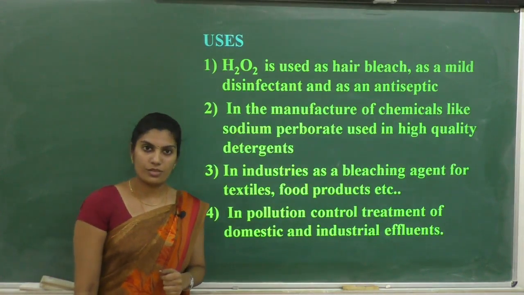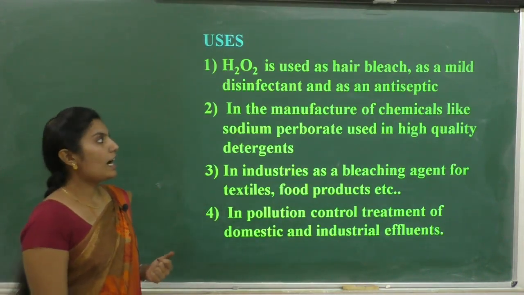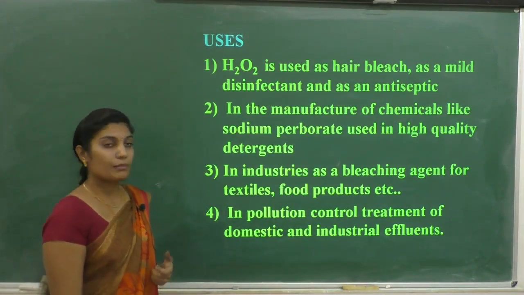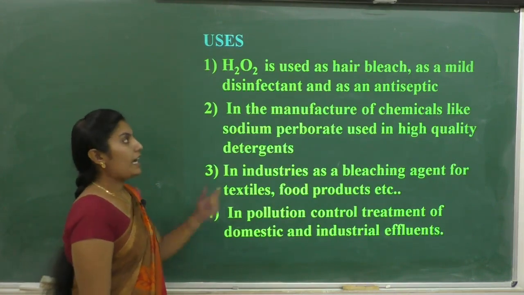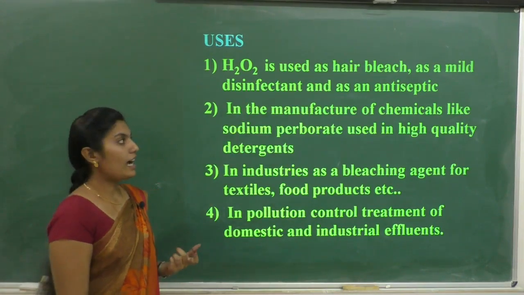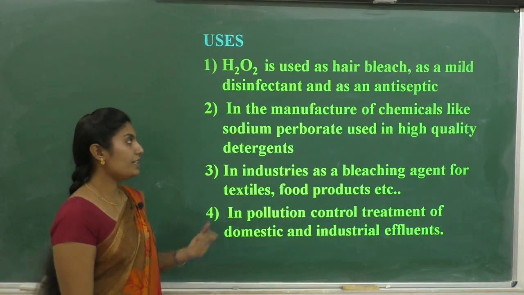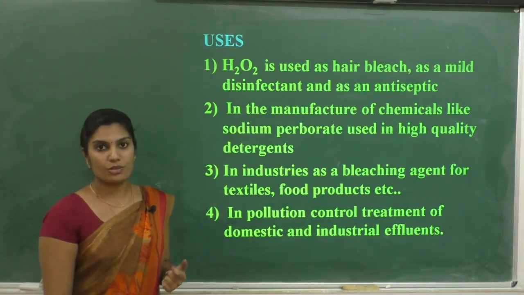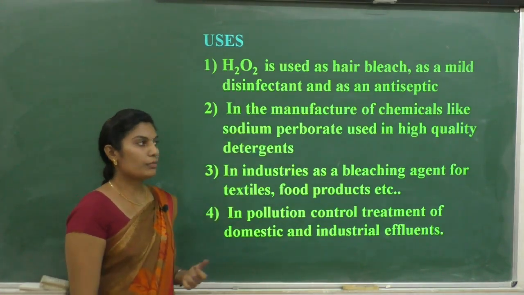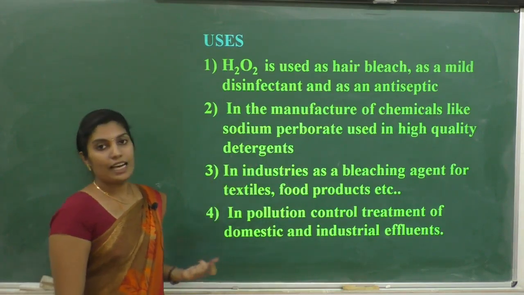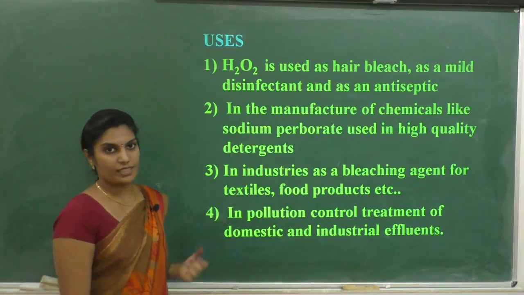Next, coming to the uses of hydrogen peroxide. Hydrogen peroxide is used as a bleaching agent, a disinfectant and an antiseptic agent. It is used in the manufacture of chemicals like sodium perborate and high quality detergents.